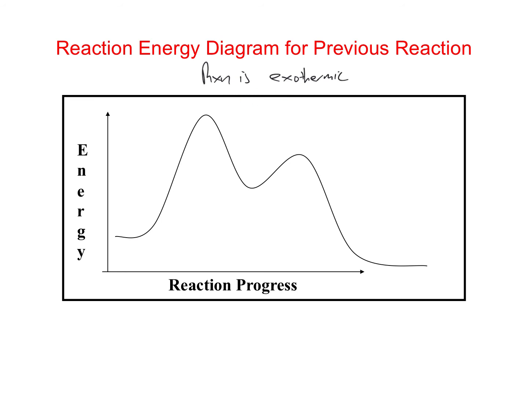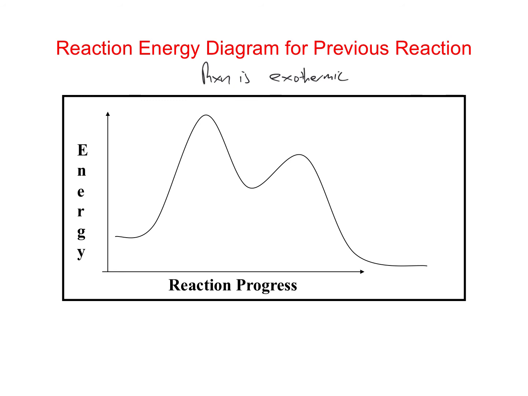And then, when we look at the reaction energy diagram, the number of peaks in the reaction energy diagram should match the number of steps in the mechanism. So the previous mechanism was 2 steps, so I have 2 peaks to get over. These represent the activation energies of each of those steps. And then the other thing that should be true is, the slower a step is, the higher its activation energy.